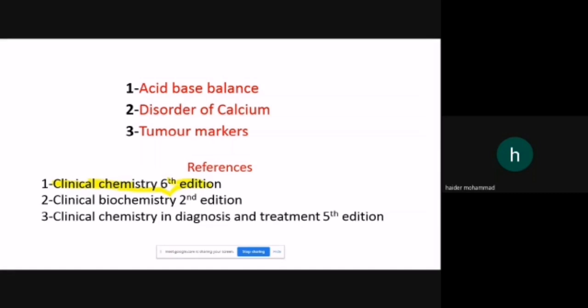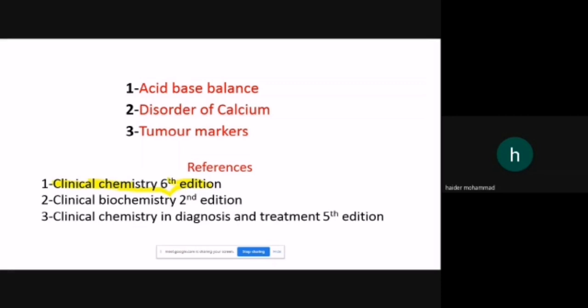One of them will come in the exam, 100%. So you have to get this reference because it has 7 cases. One of these cases will come in the exam 100%, so that you know. And the rest are references for the lecture.